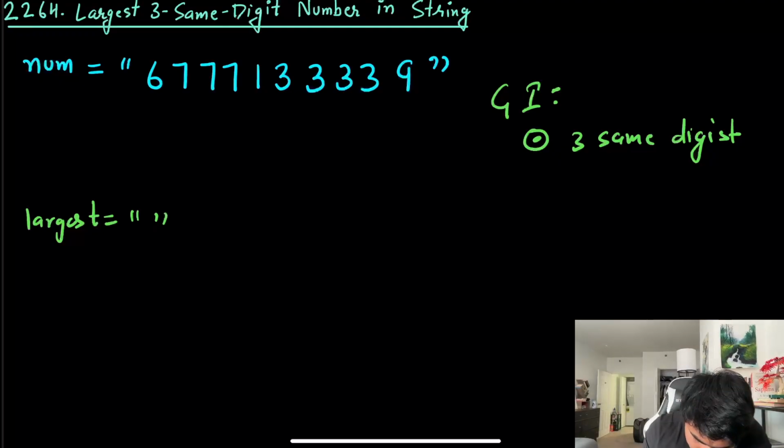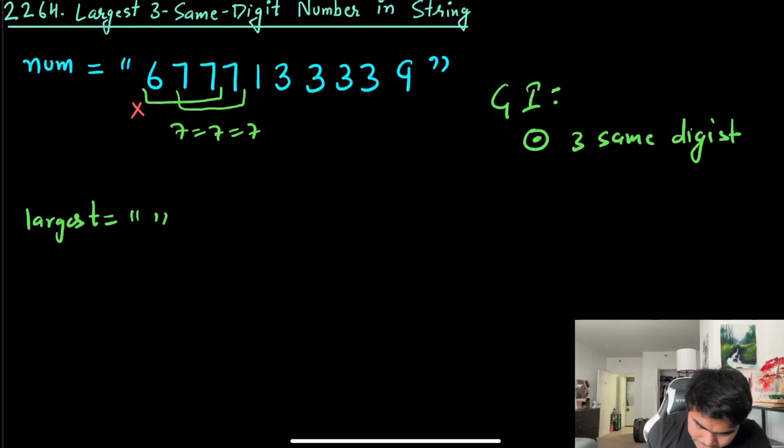So I will look at the first window. Are all the numbers the same here? No. So this does not qualify as a good integer, forget about being the largest. Then let's go to the next one. Now I see 777. Yes, this qualifies, so 7 equals 7 equals 7.